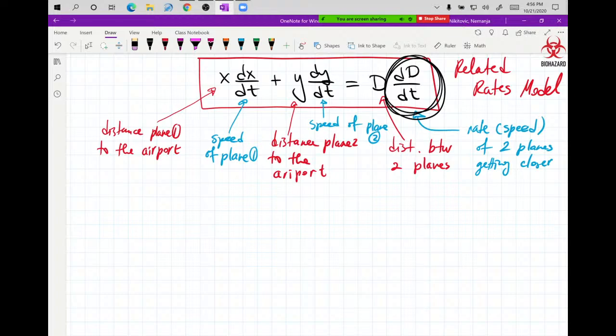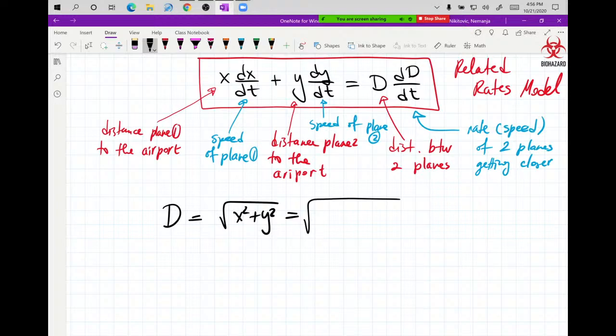So I must calculate d, and d is easy to calculate because we have the Pythagorean theorem: the square root of x squared plus y squared, which is 120 squared plus 180 squared. When you work this out, you get about 288 miles of separation d.